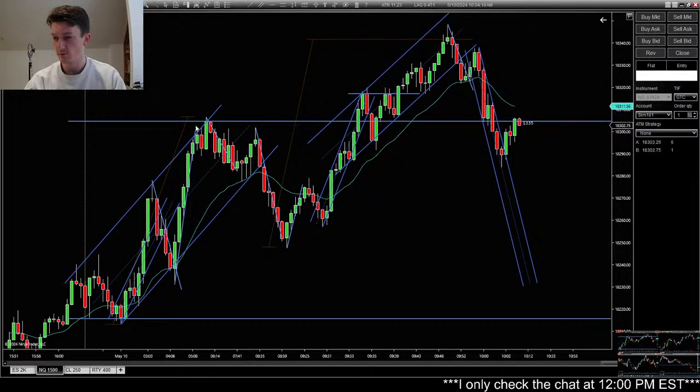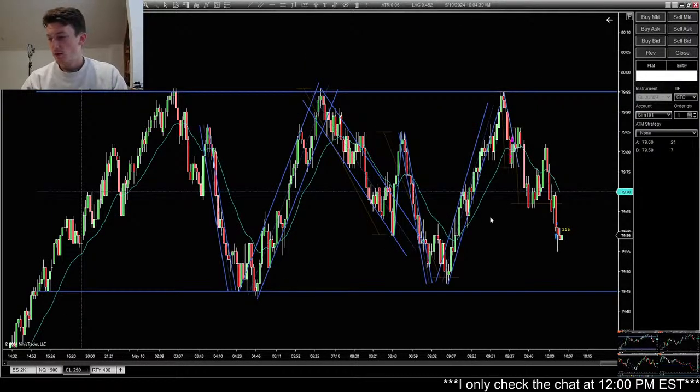On the NQ, we did make 2 legs up. I think the spike in channel is correct, but it doesn't have a break of a new high. So will prices come back up there? Possibly. For now, you're just working up in a short-term uptrend. CL, just want to see how prices react down at the support level.